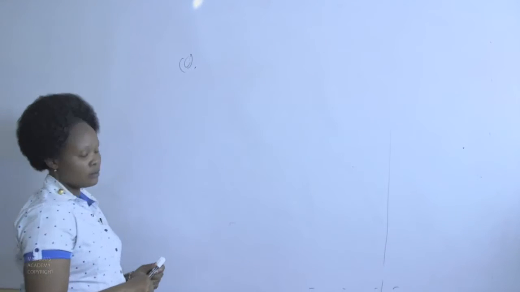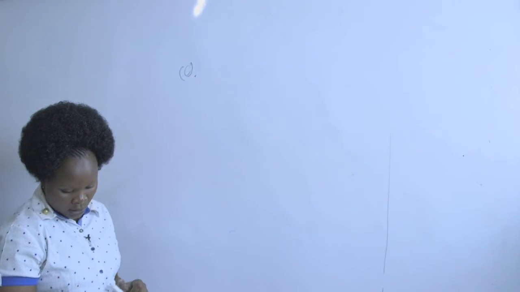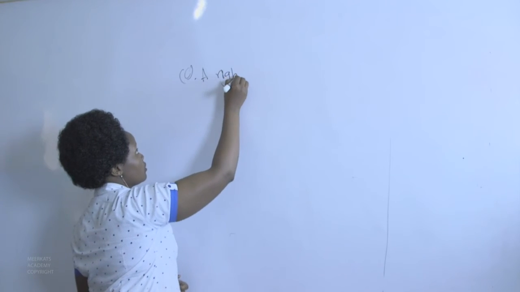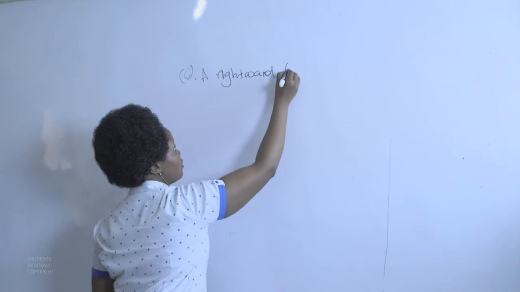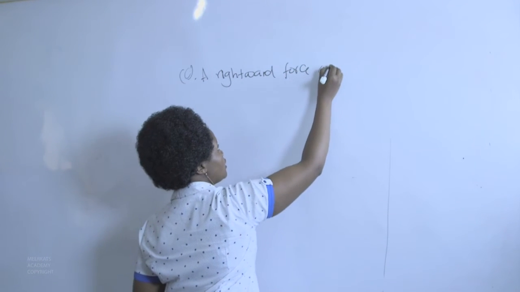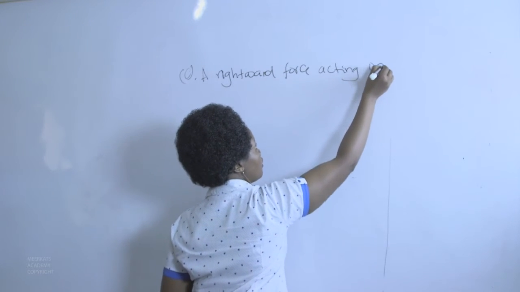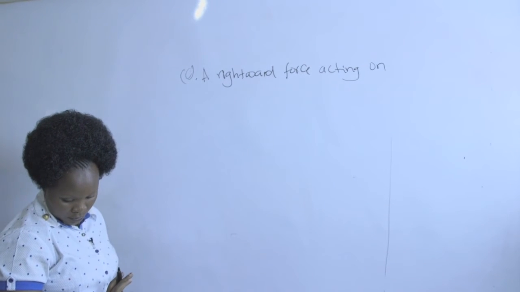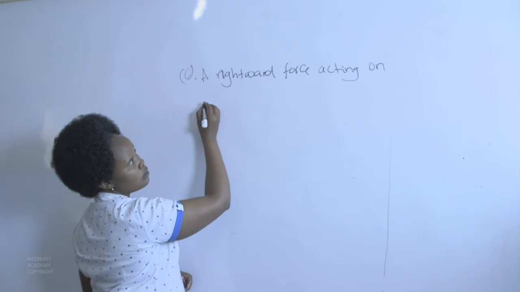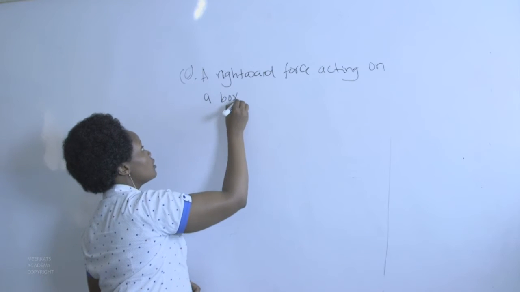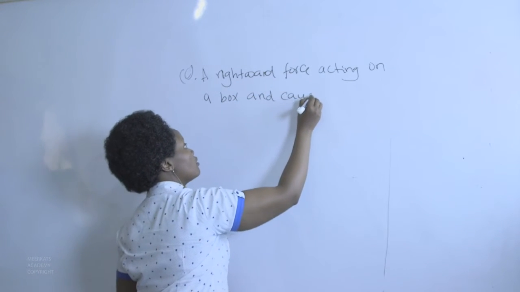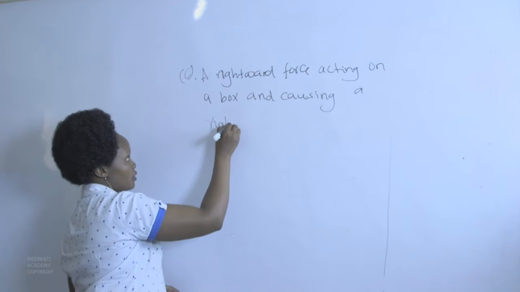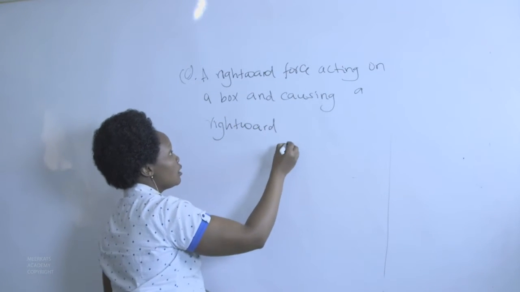Example C will involve a rightward force acting on a box and causing a rightward acceleration.